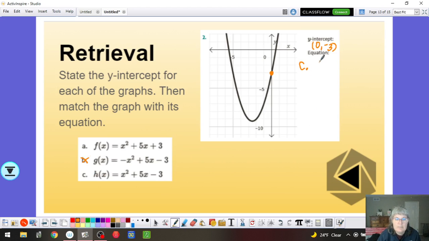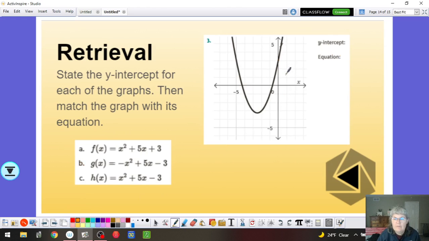So this equation is c, h of x equals x squared plus 5x minus 3. And our third graph, also open up, but it has a positive 3 y-intercept, so 0, 3. The only equation we haven't used is a, and it's also the only equation that had a plus 3 at the end. So the equation here is f of x equals x squared plus 5x plus 3.